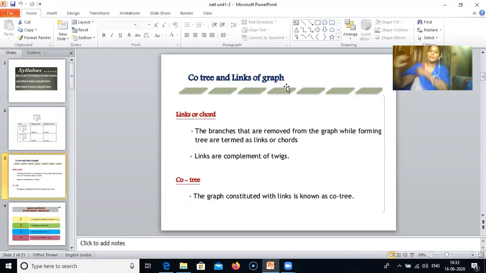See, B is the number of branches and N is the number of nodes. The number of branches of a tree, called the twigs, will be equal to N minus 1. Overall branches are B. So B minus (N minus 1) will be equal to the number of links. So B minus N plus 1 will be the number of links. Minus of minus will become plus.